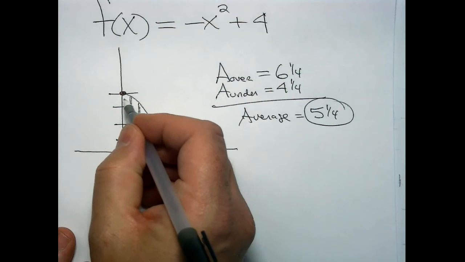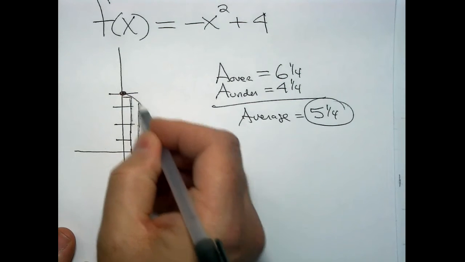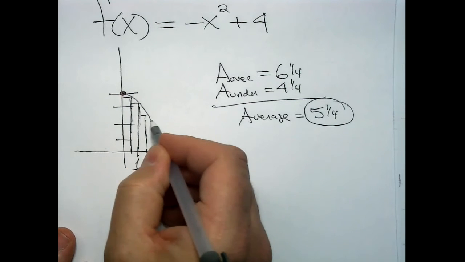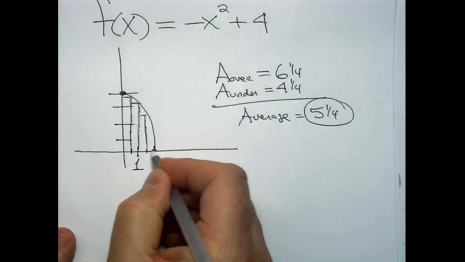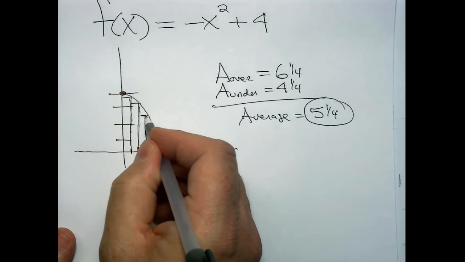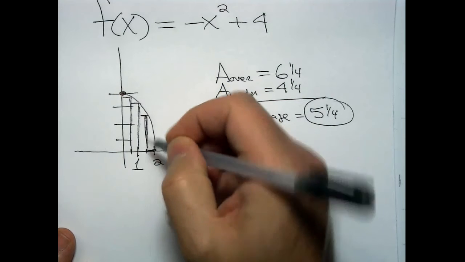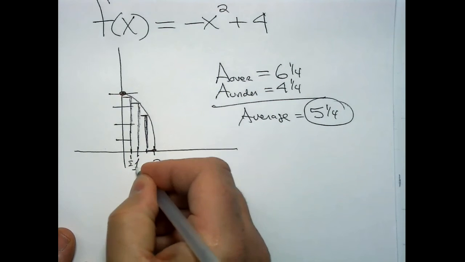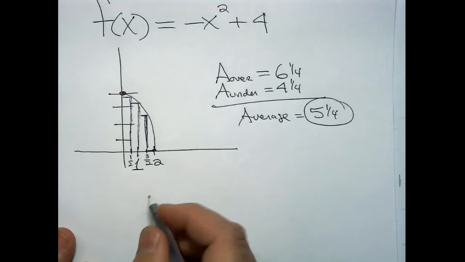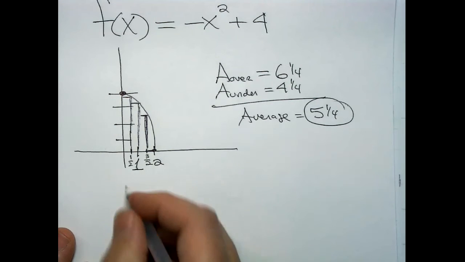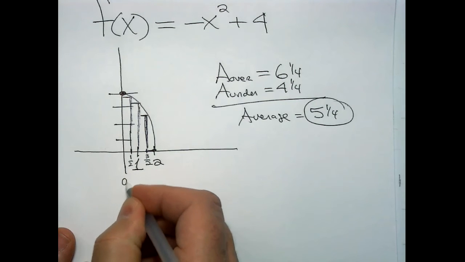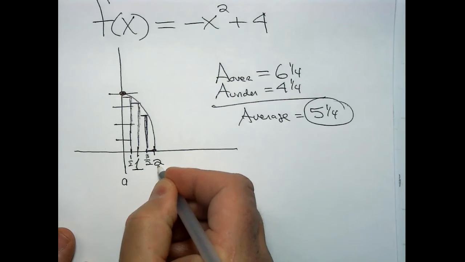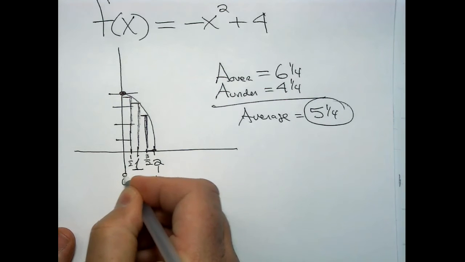Now, rather than just simply breaking this up into 4 rectangles and labeling these as 1/2, 1, and 3/2, which we did before, I'm going to be a little more generic about this. I'm going to label this A. I'm going to label this ending point as B. Of course, A is 0, so I'll put a 0 there.